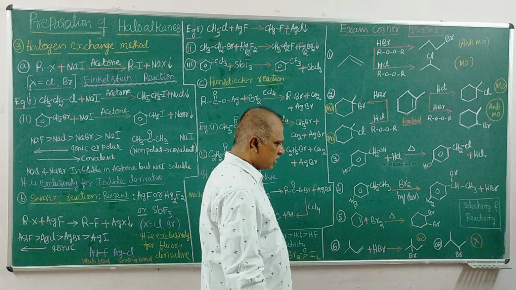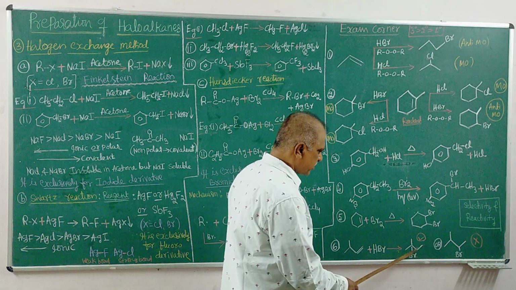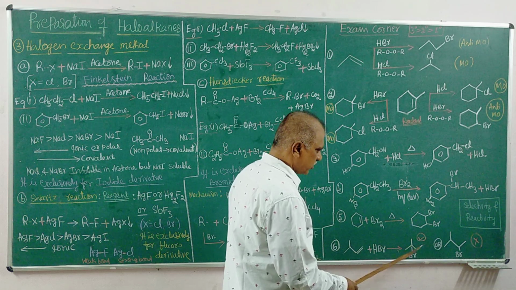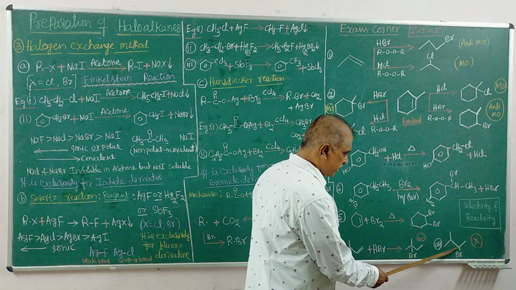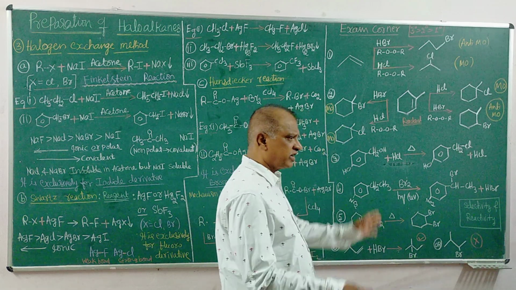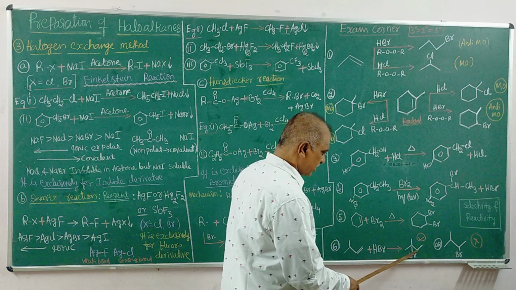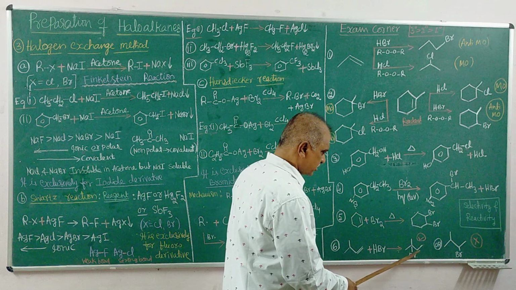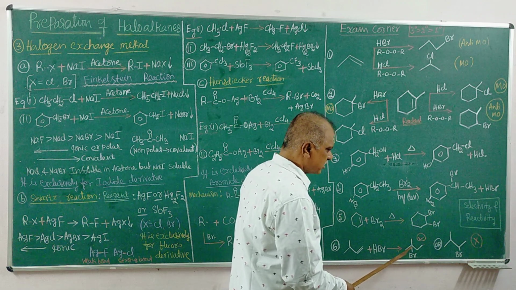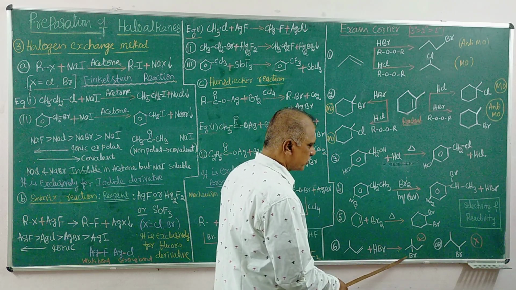But finally we get a different compound, because this carbon is secondary and this carbon is tertiary. During the formation of the carbocation, before the addition of Br, it undergoes rearrangement. The hydrogen shifts from here, and instead of forming this carbocation, the carbocation forms here during rearrangement. Then the Br is added.